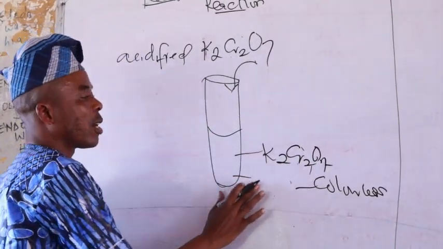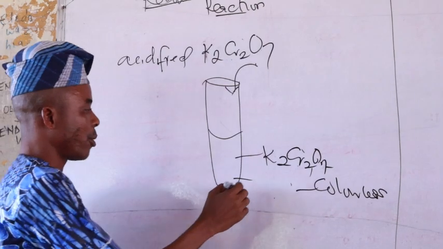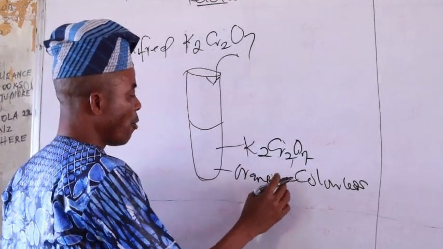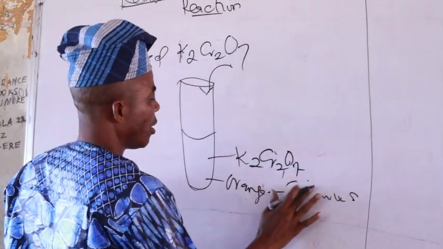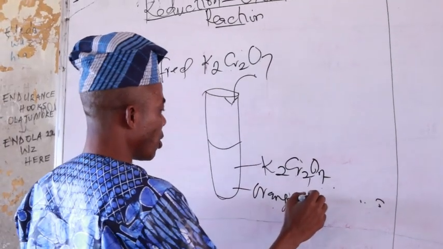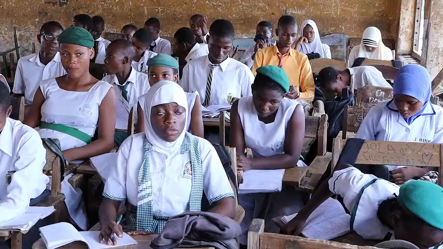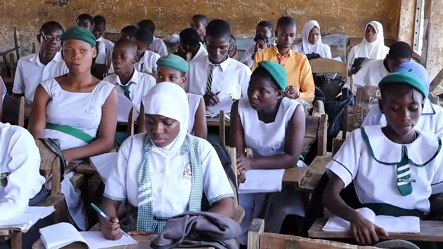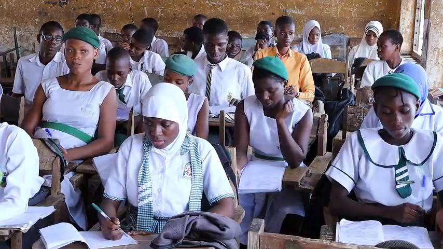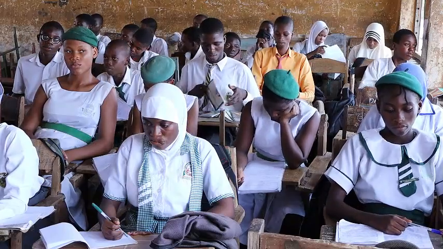What is the color of K2Cr2O7? It is orange. And if we add a reducing agent, what happens to it? It turns green. And that is the test. We can as well test for a reducing agent.